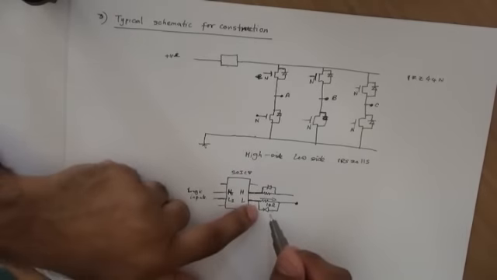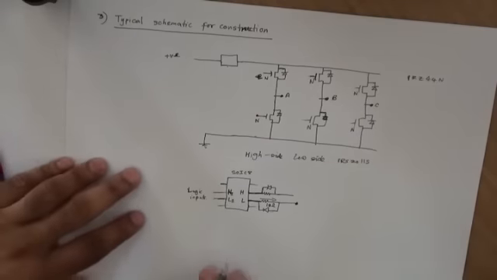So by having a diode there, you're discharging it much quicker than you would normally.